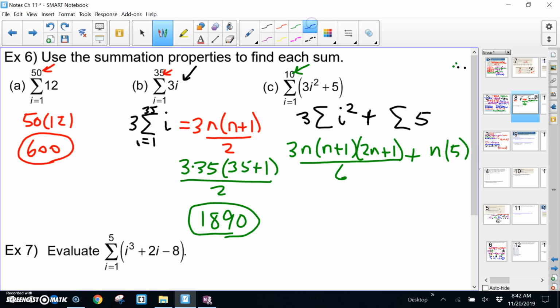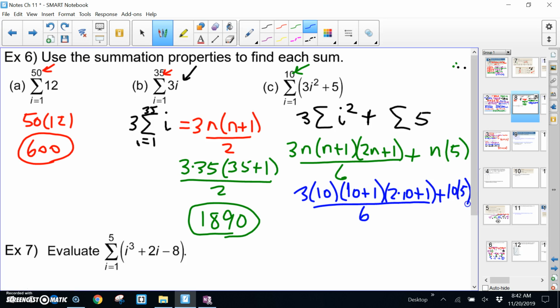Okay, 10 is n, so I can plug that in. 3 times 10 times 10 plus 1 times 2 times 10 plus 1 all over 6, plus 10 times 5. You can clean all that up. All that stuff's going to equal 1155 plus 50 over here, 1205.